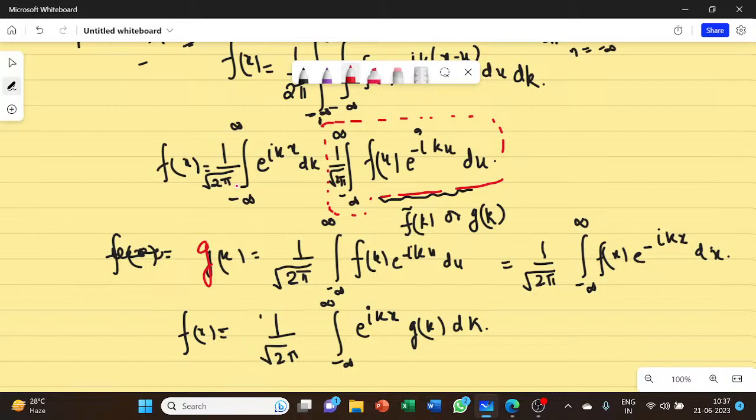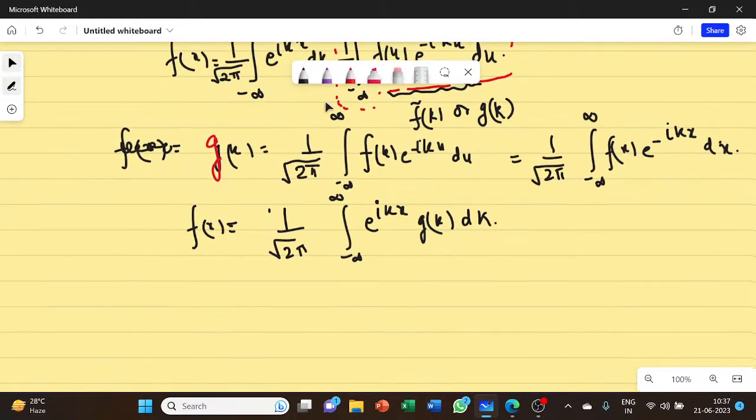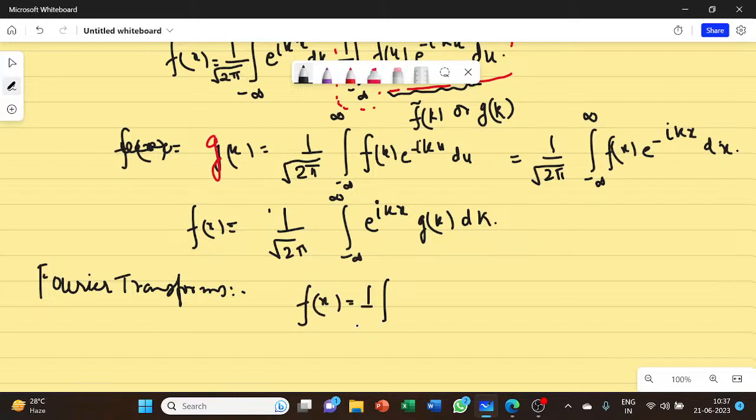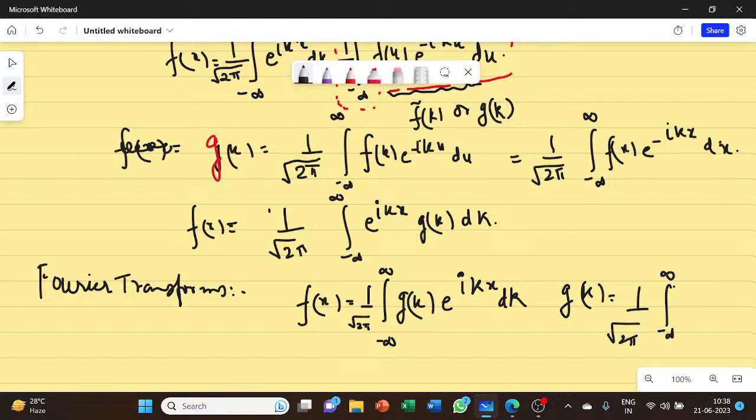So this is what is referred to as your Fourier transforms. Your Fourier transforms are defined as: f of x is 1 upon root 2 pi from minus infinity to plus infinity gk e to the power iota kx dk, and gk is 1 upon root 2 pi from minus infinity to plus infinity f of x e to the power minus iota kx dx.